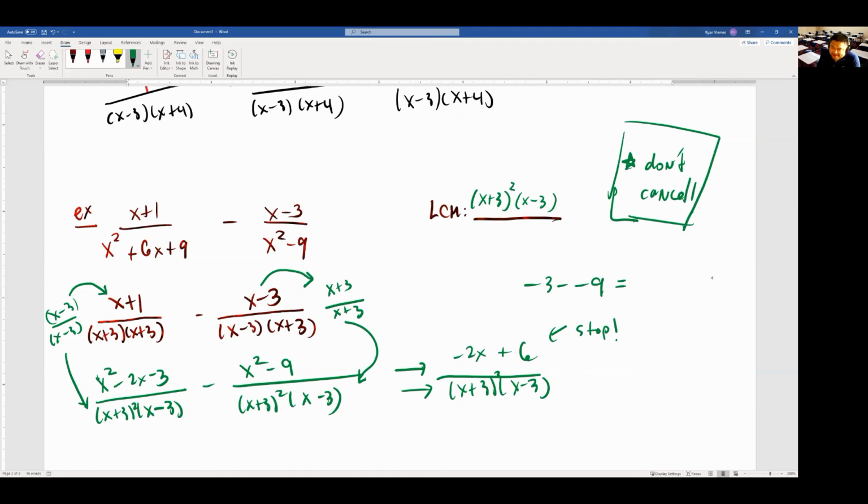But before I show you how, even though I wrote the word stop, because honestly, I would just look for this. Are there any questions up to this point? I would say this is the most difficult it could get when it comes to adding and subtracting.